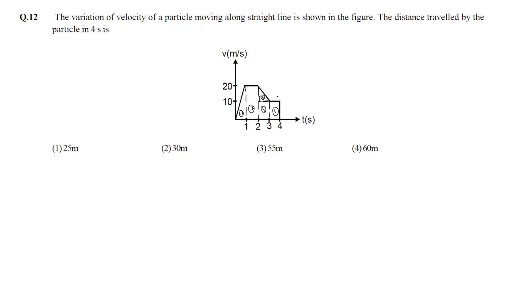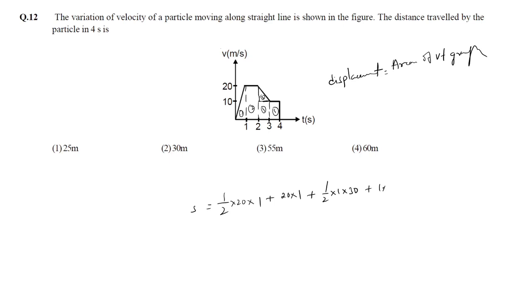So what is the area of triangle, children? Half into base into height. What is the area of rectangle? L into B. Okay, so if you just go on writing by using the formula that displacement is equal to area of VT graph, so that is displacement S is equal to half into base into height plus rectangle L into B plus, again here it is a combination, trapezium we can call, so half into 1 into 30 plus 1 into 10.